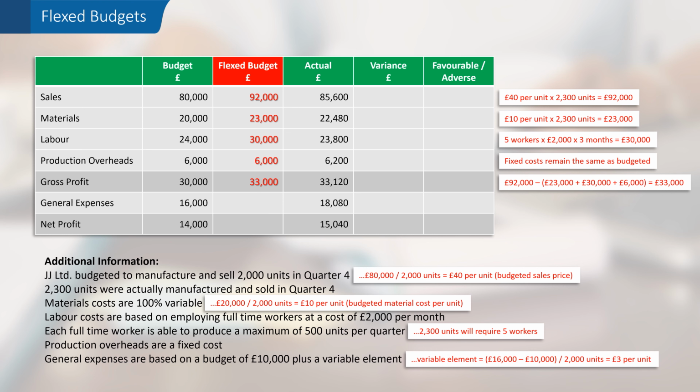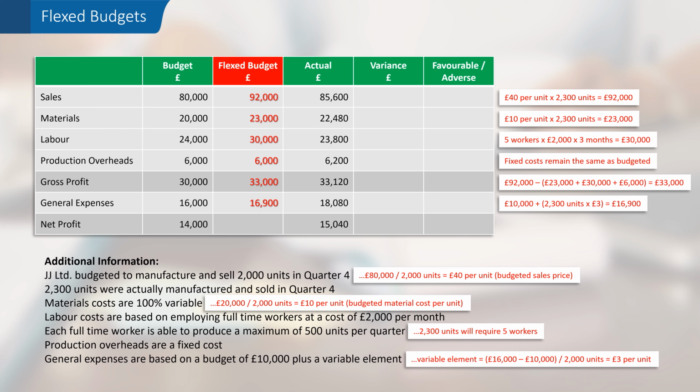And if we deduct the fixed element of £10,000 and divide the results by 2,000 units, we see that the variable cost per unit is £3. So, general expenses in the flexed budget will consist of the fixed element of £10,000 plus 2,300 units multiplied by £3, which gives a result of £16,900.